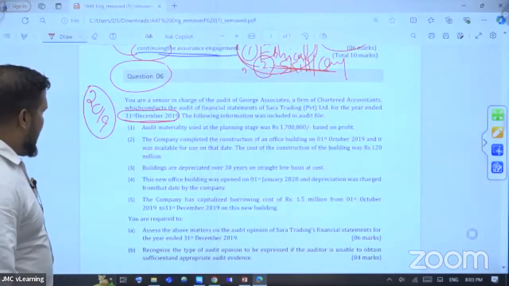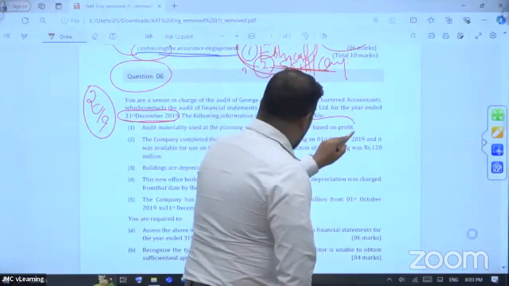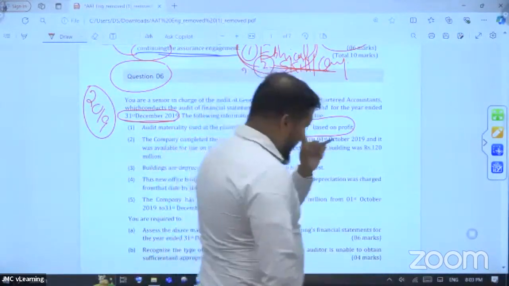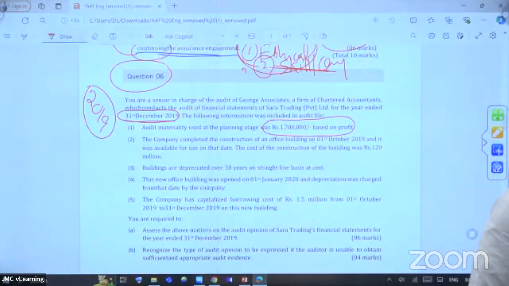Audit materiality used at the planning stage is 1.7 million. What does this 1.7 million refer to?